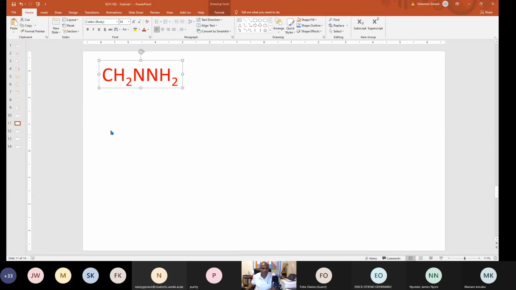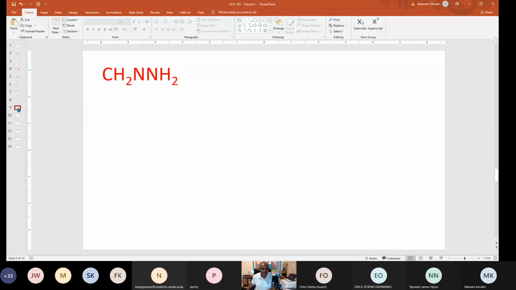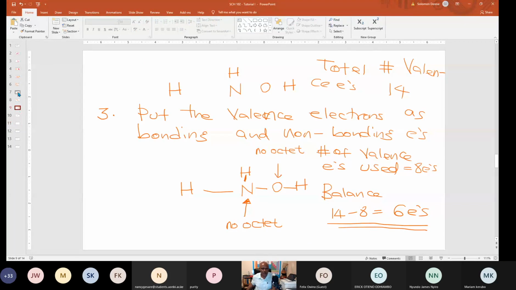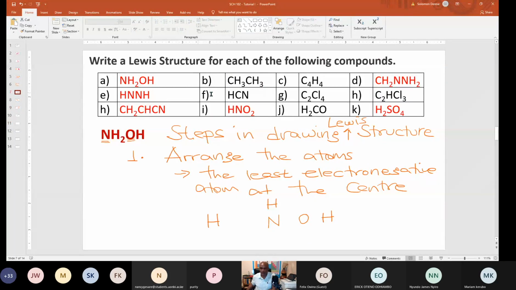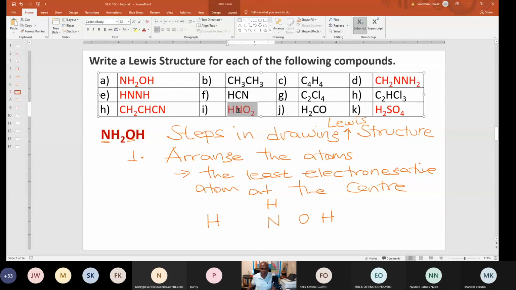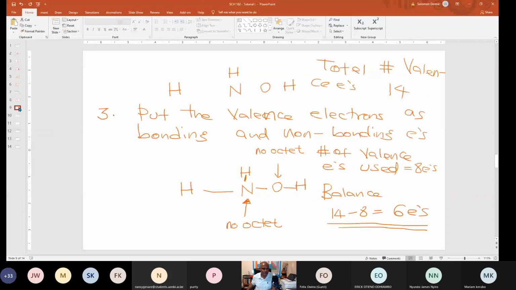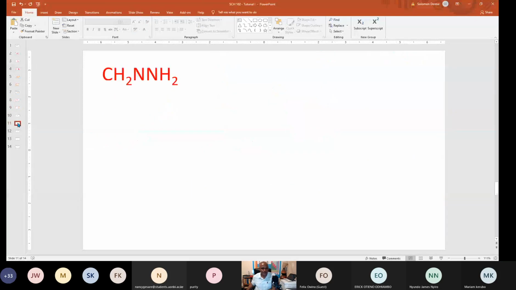I'll look at the Lewis structure for this one a bit later. Let me first show you the Lewis structure for this molecule, HNO2. Let me do that first.